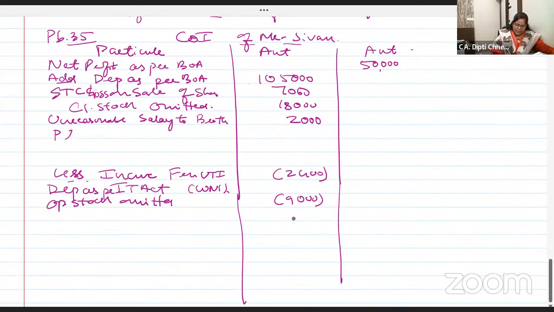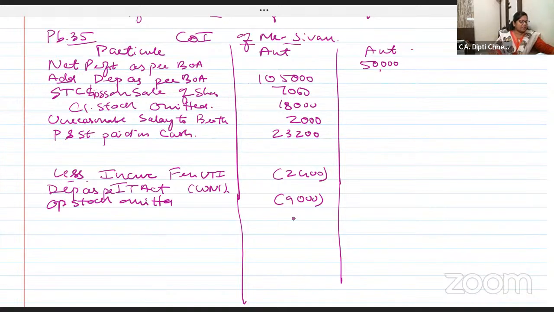Next, printing and stationery paid in cash above 10,000. Whole expense is disallowed. How much is paid in cash? Printing and stationery, 23,200. How is it? Give some response. This is not a face-to-face class where I can come down off the stage and see your notebooks. So you tell me, is it understandable or not?